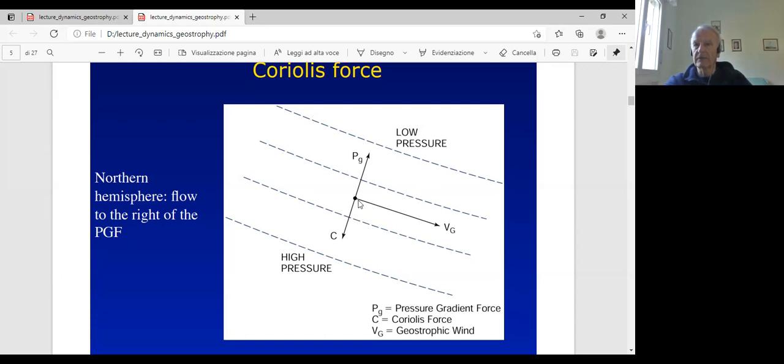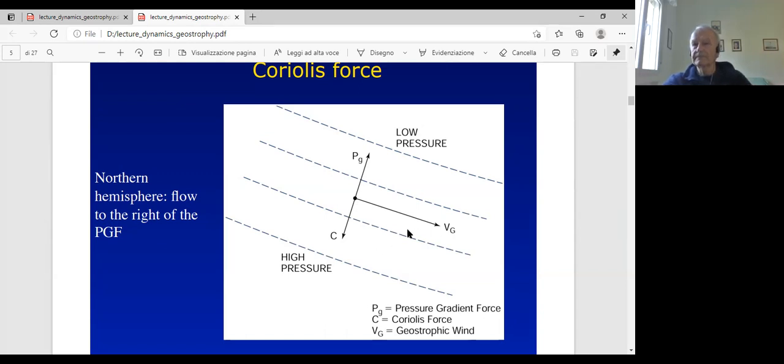The pressure gradient force, being in equilibrium with the Coriolis force, defines uniquely the geostrophic velocity, which is parallel to the lines of equal pressure, leaving the low pressure on its left, because we have defined the pressure gradient force as a vector whose magnitude is the horizontal pressure gradient, and the direction is from high pressure to low pressure. This is the definition of the pressure gradient force.